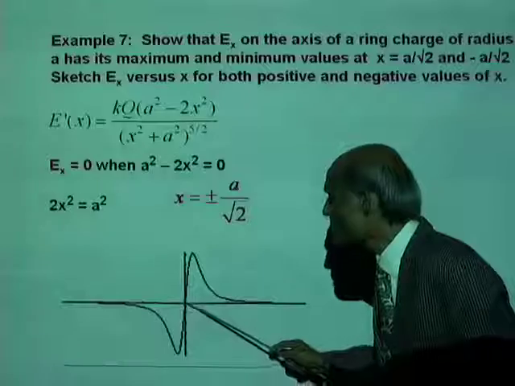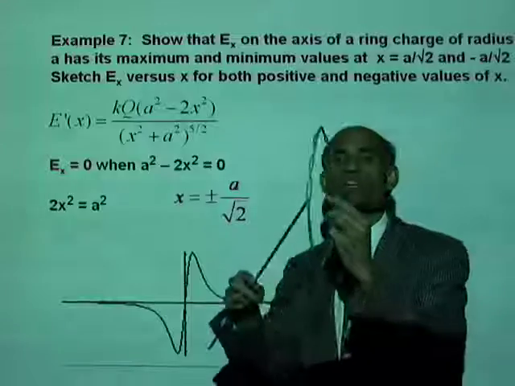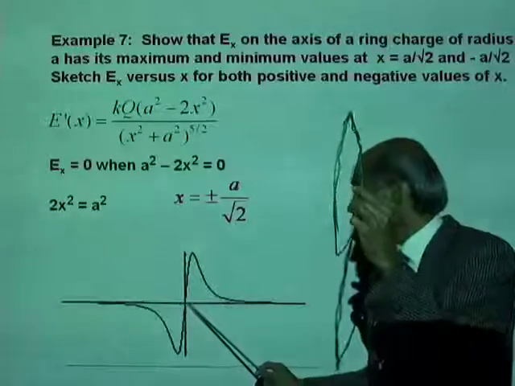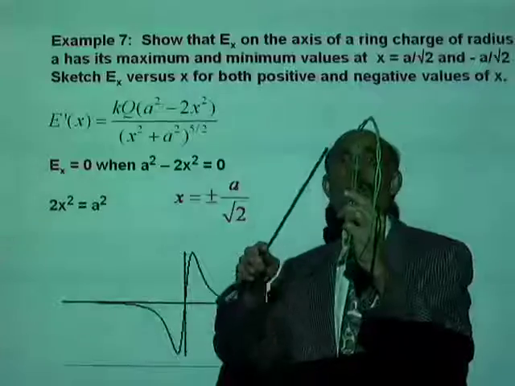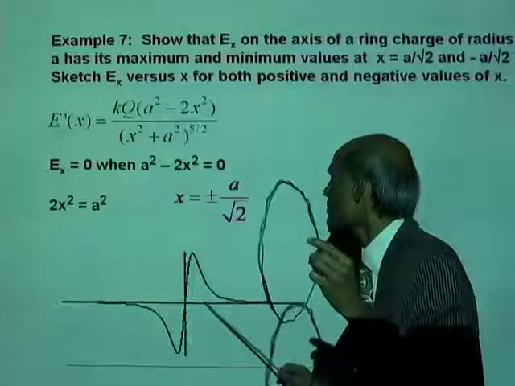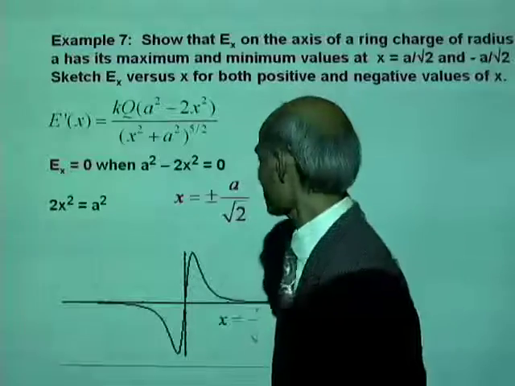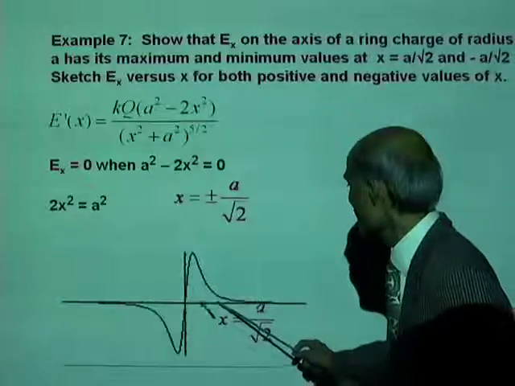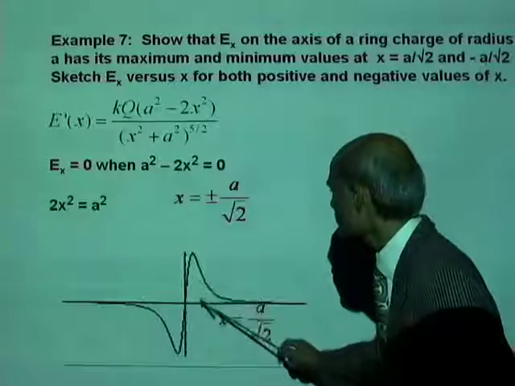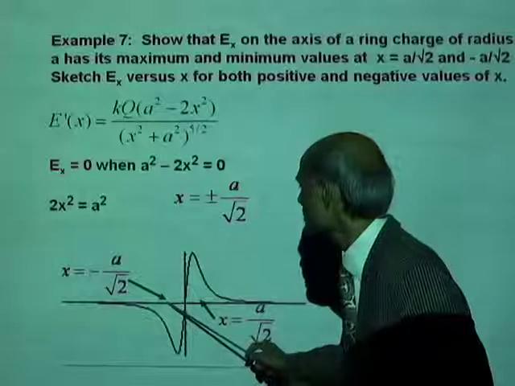The electric field is 0 at the center, as we were talking about in the beginning. As you go away from the center, the field increases to a maximum, and this distance is a over square root 2. On the other side, you have the minimum. So at x equal to a over square root 2 you have the maximum, and at x equal to negative a over square root 2 you have the minimum value.